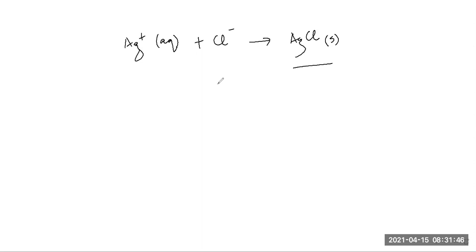What is the name of the white precipitate? The white precipitate is AgCl.